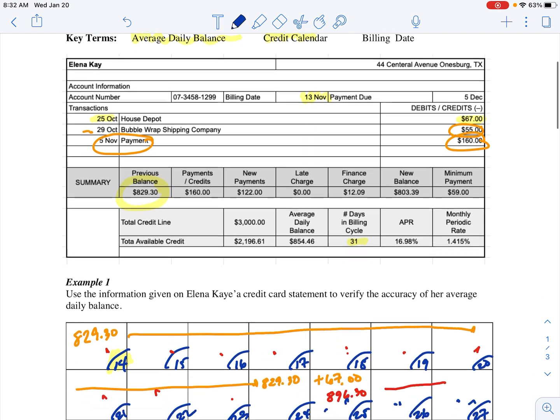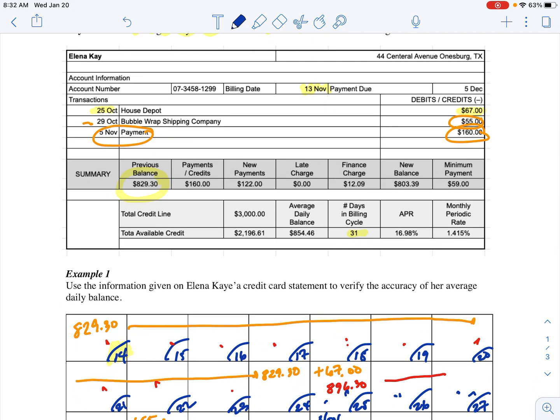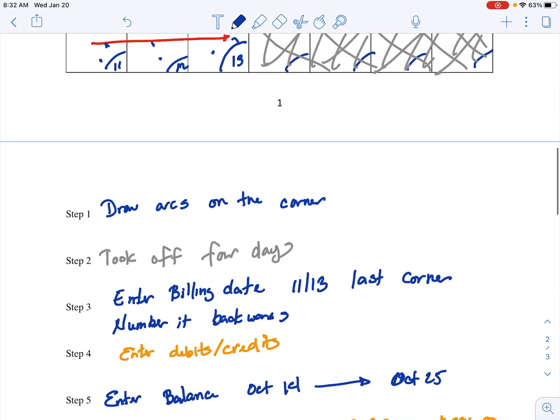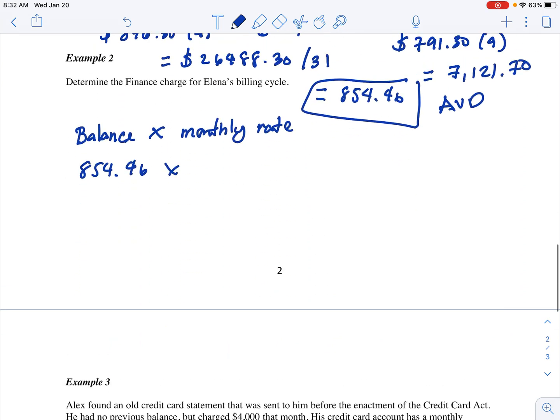We're getting charged 16.98. But it's got to be a monthly rate, so we take 16.98%, divide that by 12.